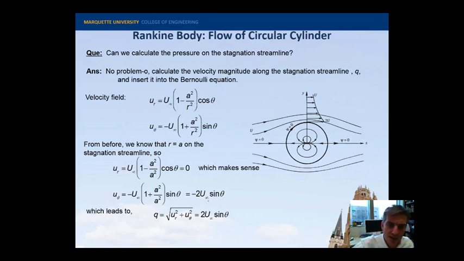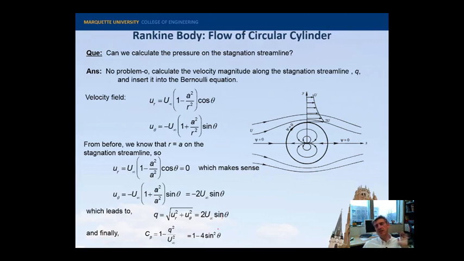I just square it and take the square root, and so I get this positive quantity 2U infinity sine theta. Then I can put that right into the Bernoulli equation, which last time we manipulated into the coefficient of pressure, 1 minus q squared over U infinity squared. So this becomes 1 minus 4 sine squared theta.